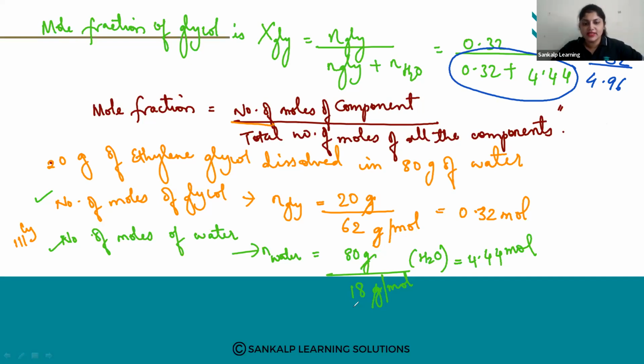For chemistry and physics you can use simple calculators, not scientific ones, for solving the problems. Now you can tell me what is the answer. 0.0678. Okay, so this is the answer.